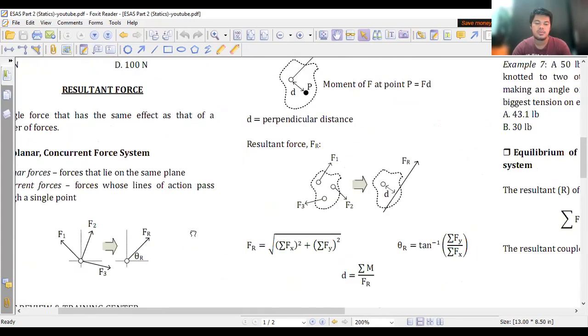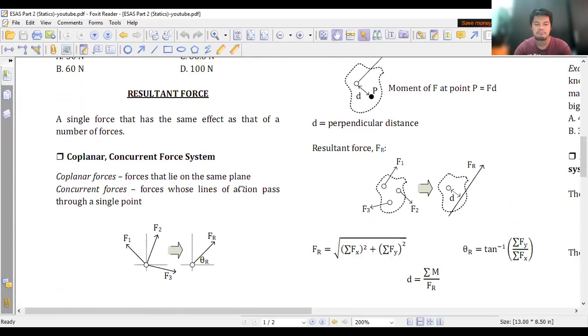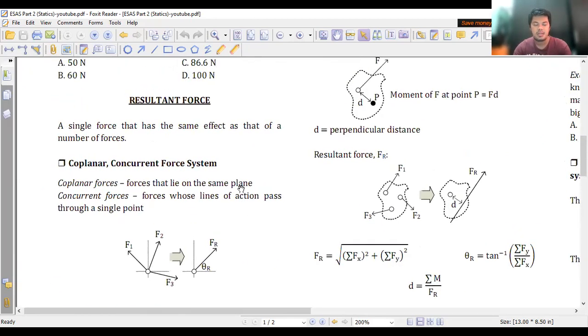Take note that the content of the lecture will be focusing only on coplanar forces, which means that these forces are on the same plane. Non-coplanar forces, we exclude here.